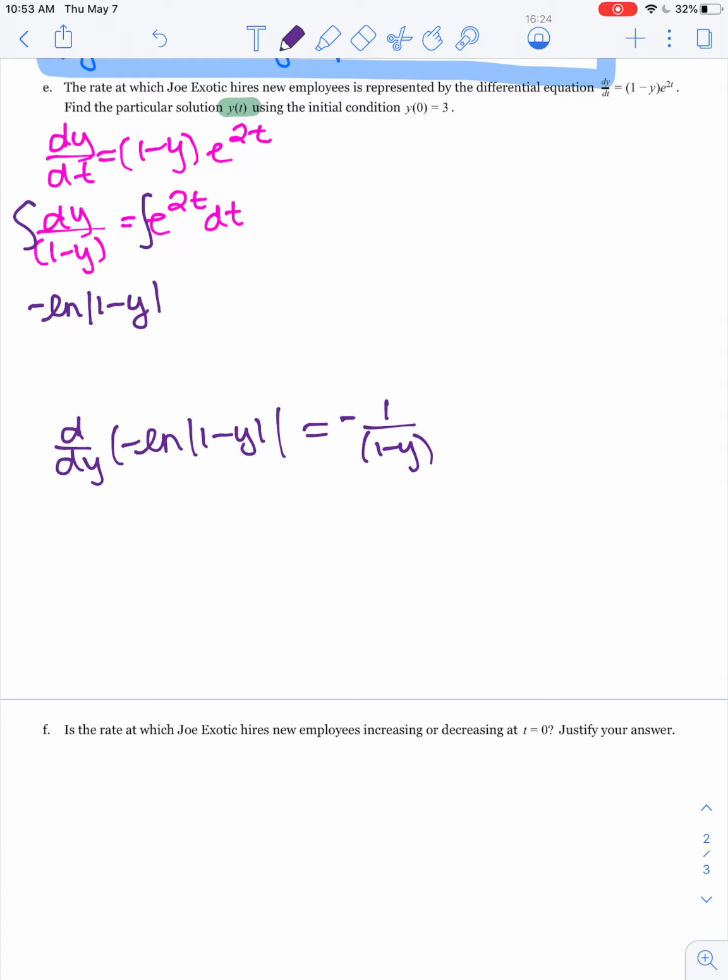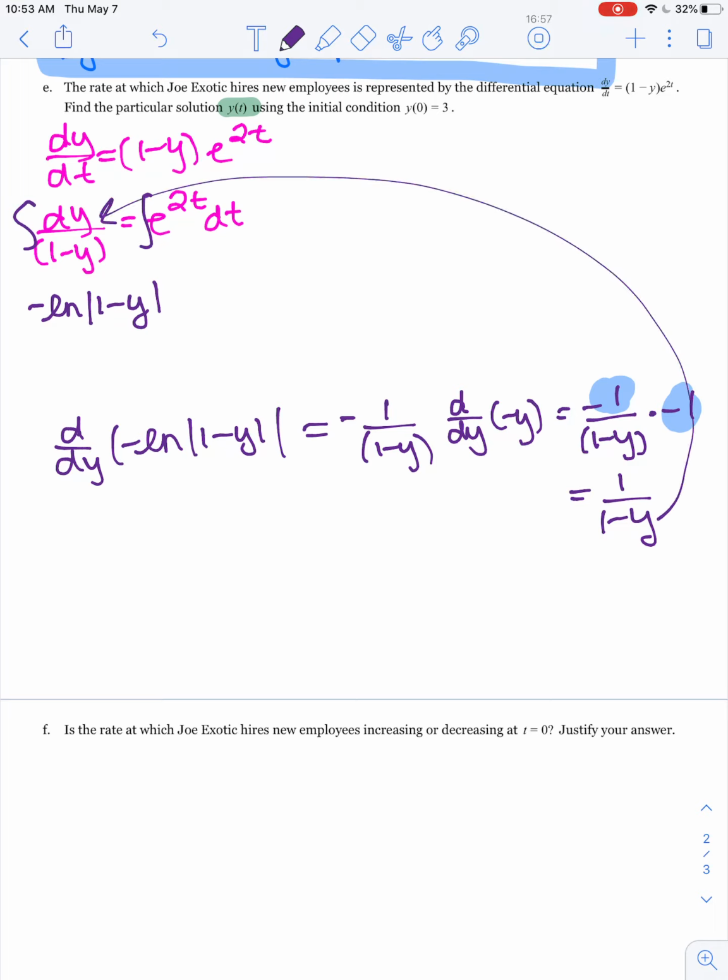We had a negative out front, but when we do the derivative, we also have to multiply by the derivative d dy of negative y, which is -1. Notice you have a negative times a negative, so you end up with +1 over 1 minus y, which is what we were integrating.